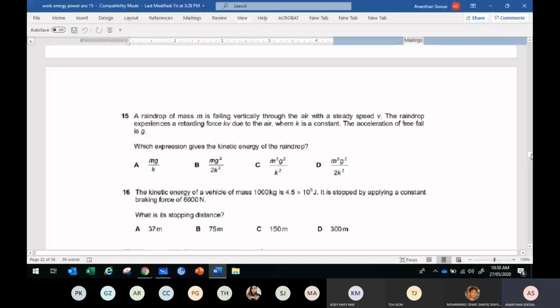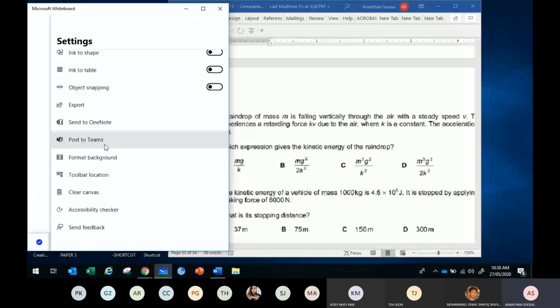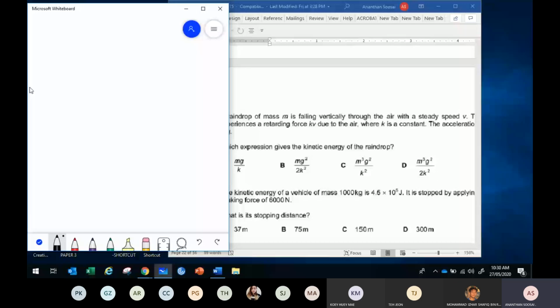All of you got D? Okay, I'll do this. All of you give D. Okay, so let me check. Okay, how do you do this? Because the raindrop is here, the force down is mg, the force up is the air resistance, which in this case they put as kV.